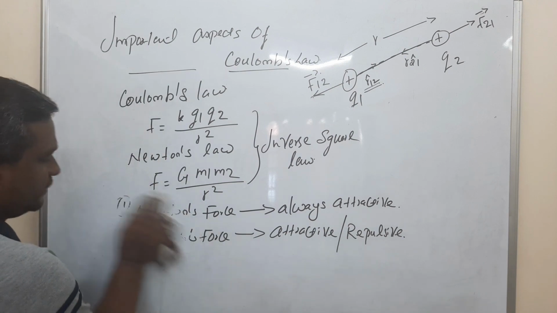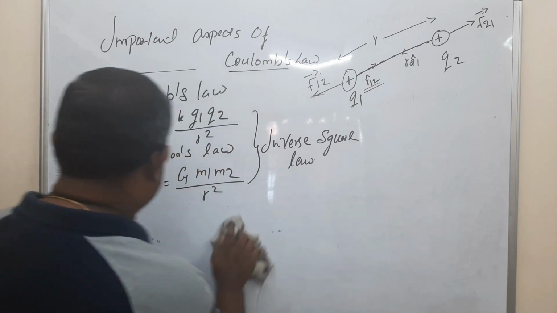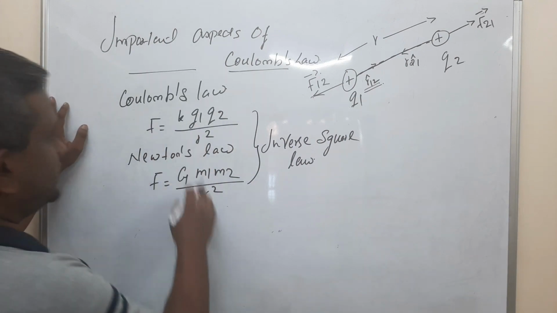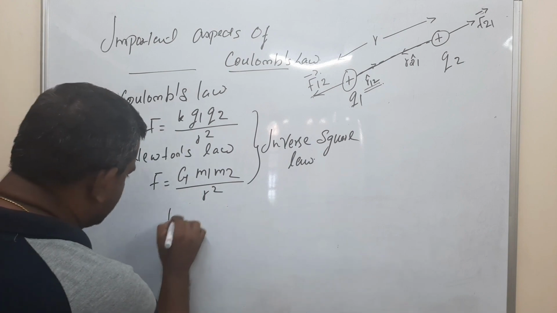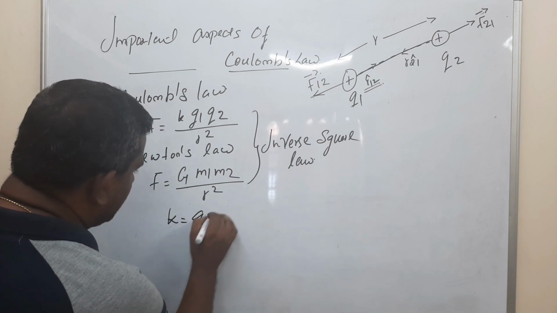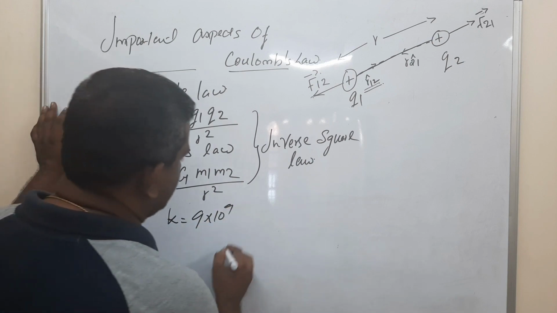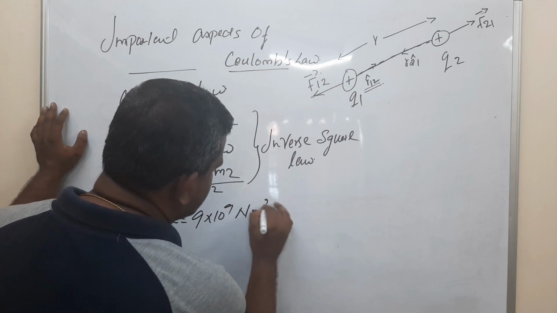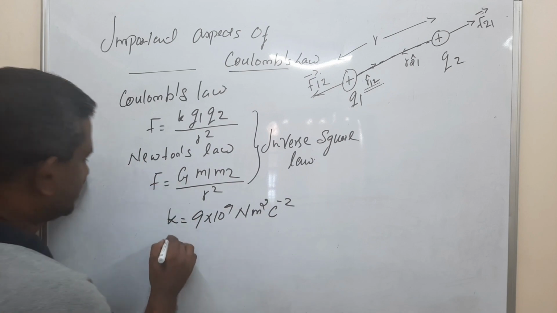What is the second difference? From these two laws, the value of the constant K is equal to 9 into 10 to the power 9 Newton meter square per Coulomb square. What is the value of the gravitational constant?